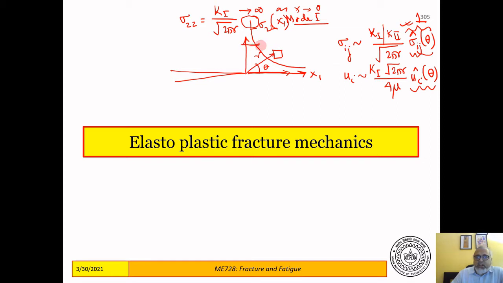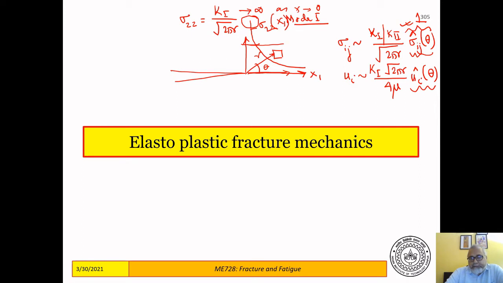Yielding will occur when the stress or a measure of stress reaches something equal to the yield stress of the material. So this infinite stress cannot be sustained. It has to be cut off at some point, which means that in front of the crack tip you must have a zone which is no longer elastic but is plastic. No matter what kind of material, the elastic solution itself tells you that there must be a plastic zone ahead of the crack tip.